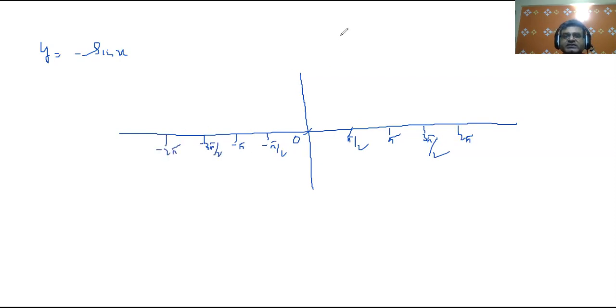So in this case, whenever sin x is negative, it will become positive. When it is positive, then it is negative. So now the graph will be like this. You see, in the first part and second part, sin x is positive, but here it is minus. So it will move like this. And it was negative here, then it is positive. So the graph will move like this.